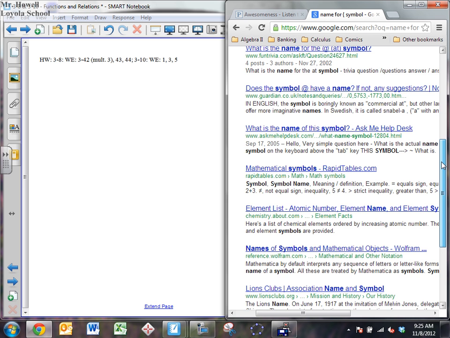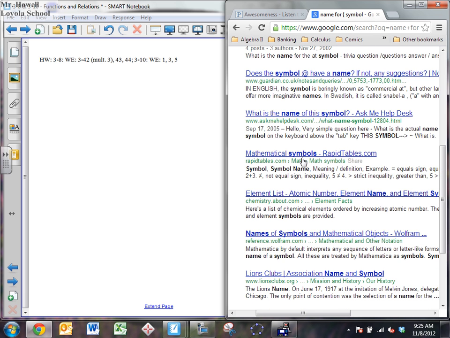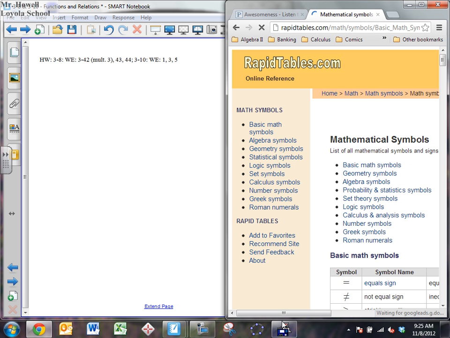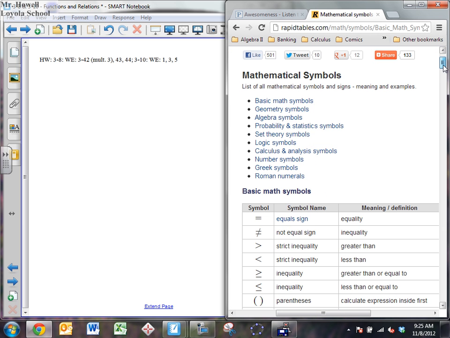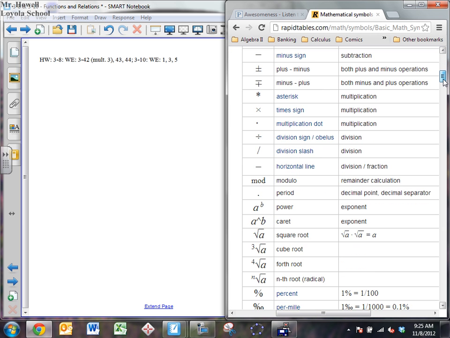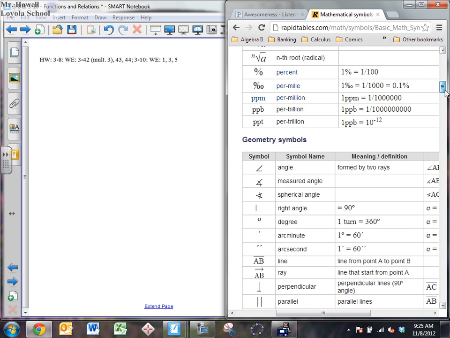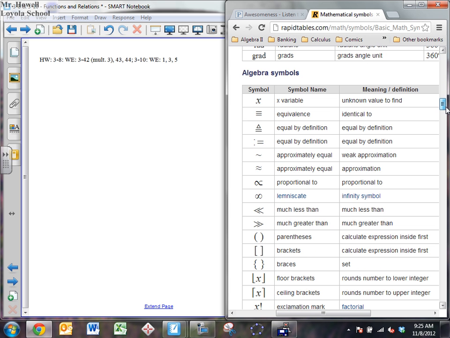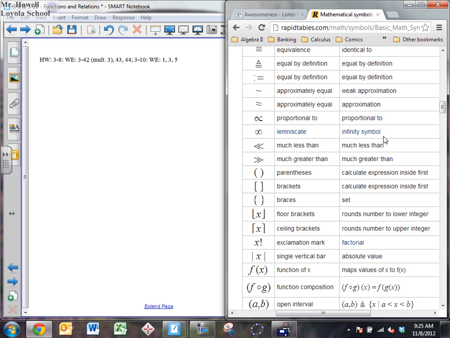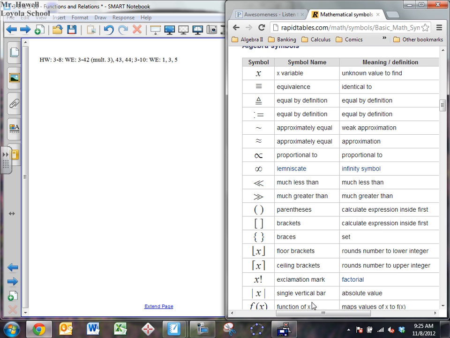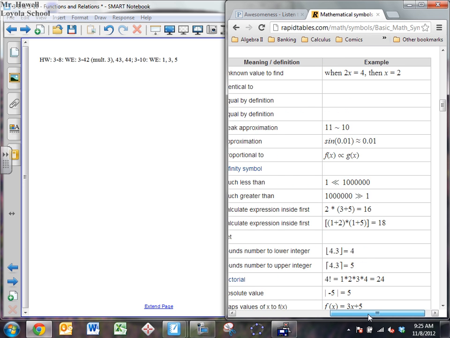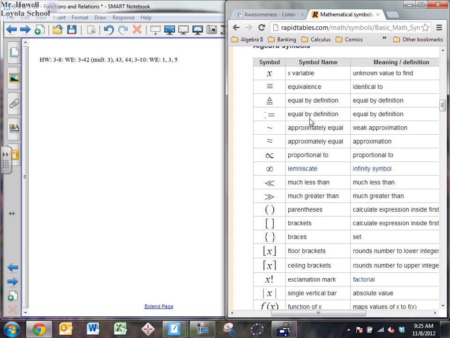There we go. Braces. Does that sound right? No. For math, it's probably called braces. Let's see. Yeah, that's all it's called. I'll try and find more and see what it is.